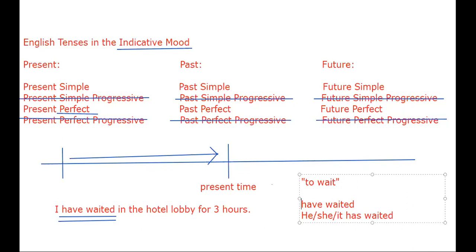But for everyone else, it's just I, you, we, they. In this case, I, you, we, and they have the same conjugation. So it's just have for everyone else, but he, she, it just has. So just remember that.